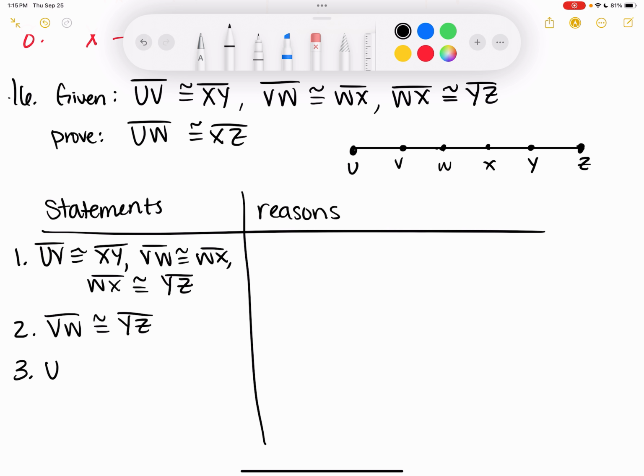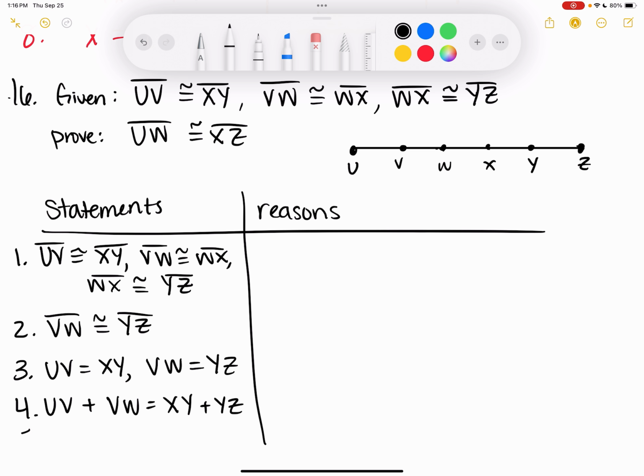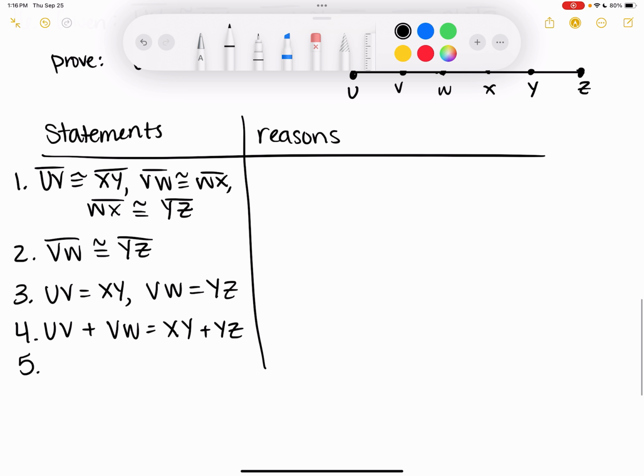3, UV is equal to XY and VW is equal to YZ. 4, UV plus VW is equal to XY plus YZ. 5 is again going to have two parts.